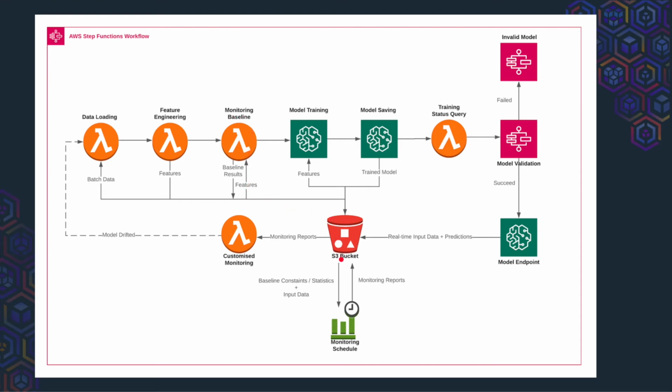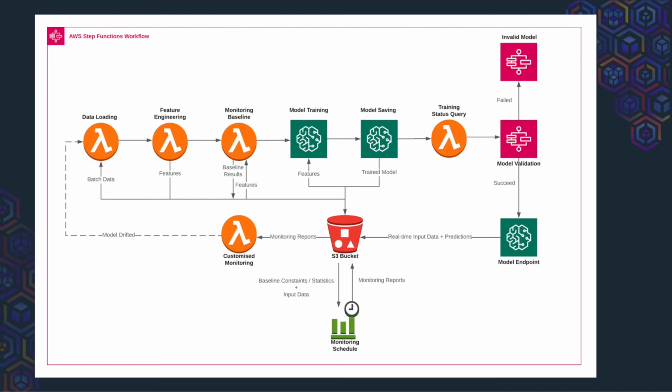And then we generate a monitoring report and put it back into the S3 bucket. Then we have a customized monitoring Lambda to grab the report and see whether any constraint is violated. By constraint violation, I mean whether the incoming data still sits in the distribution of the training data.